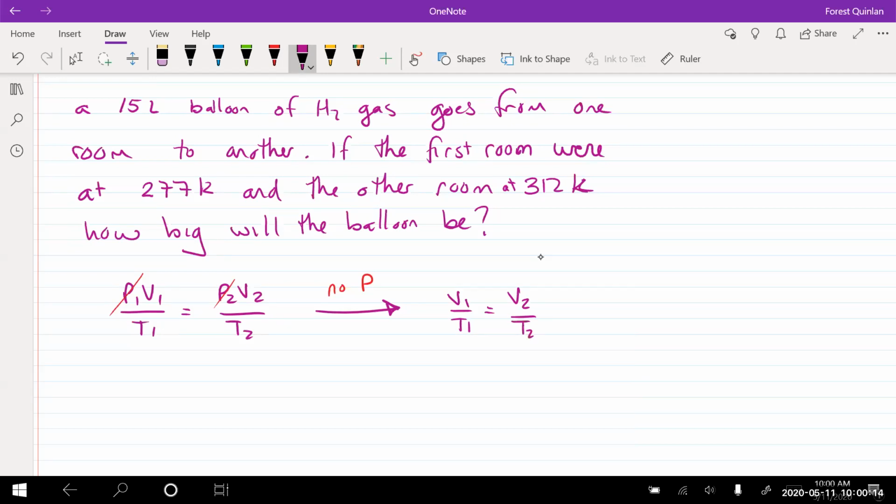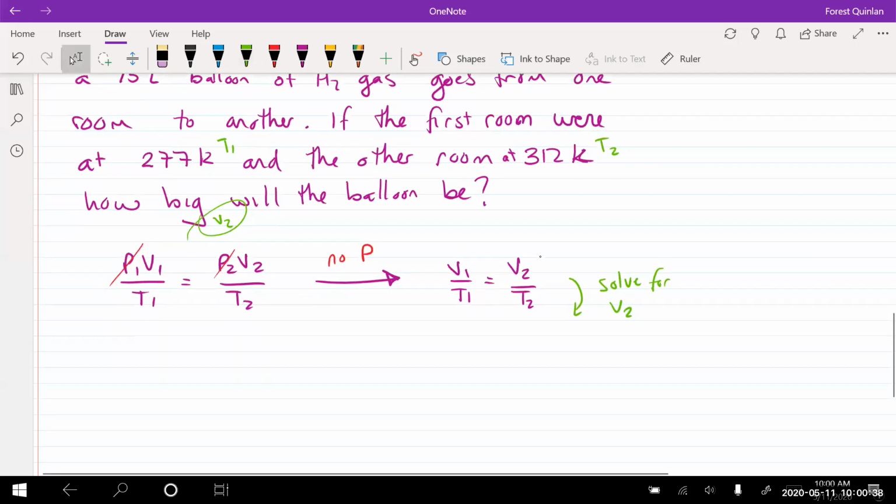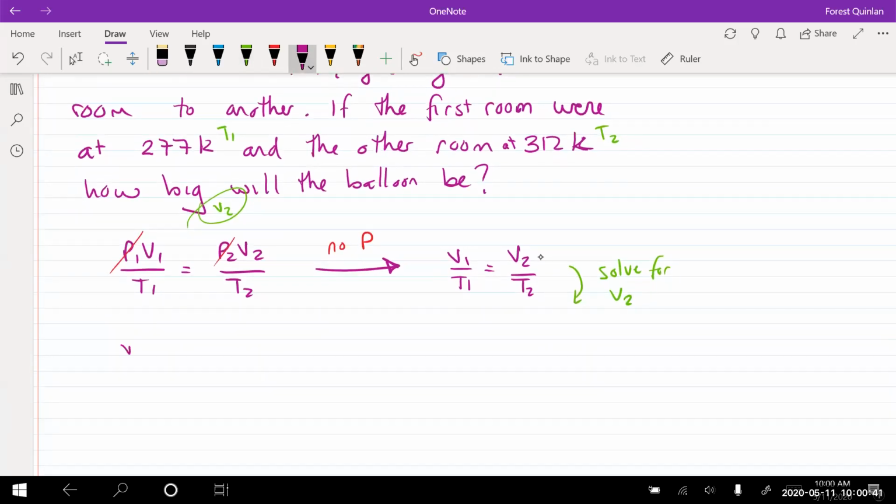Clearly the 15 liters is the first one, and we're going from a T1 to a T2, and we're looking for that V2. So solve for V2. V2 is equal to V1 T2 over T1.